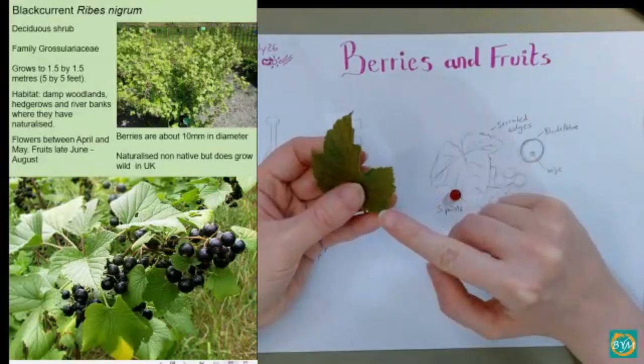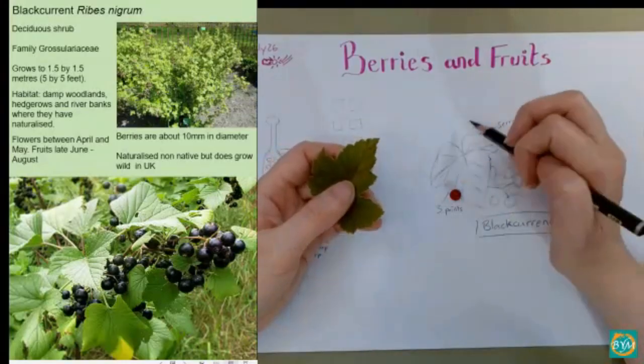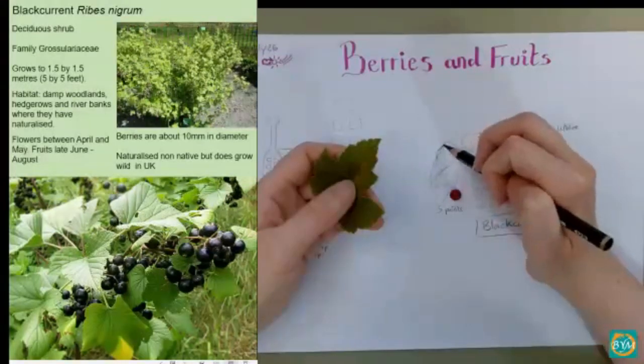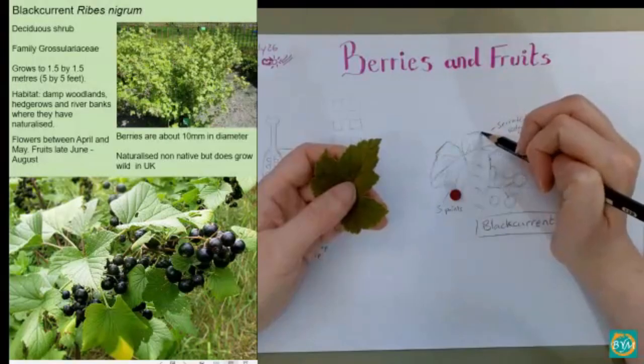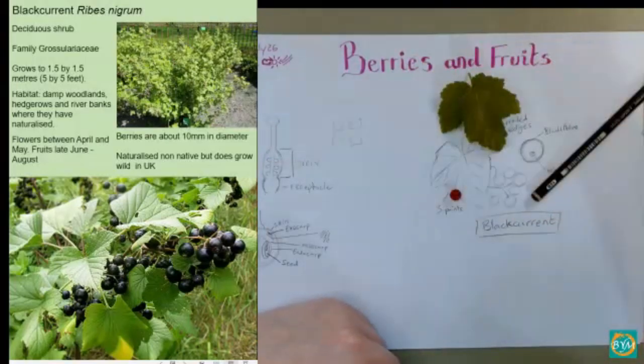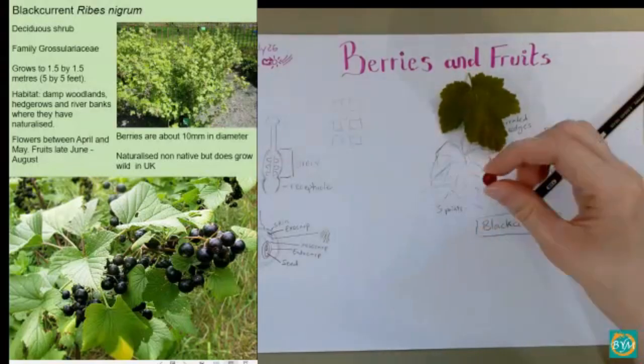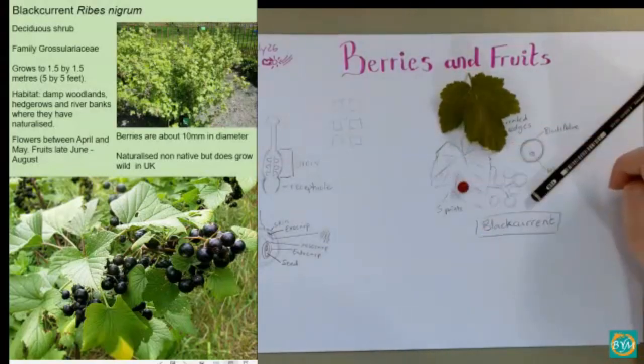And there might actually be 5 points on this, but when I was drawing, I couldn't see. It wasn't sticking out as much. Okay. So berries, as I said, about 10 millimeters, so bigger than the red currants. And they flower between April and May, and the fruits are around between June and August.